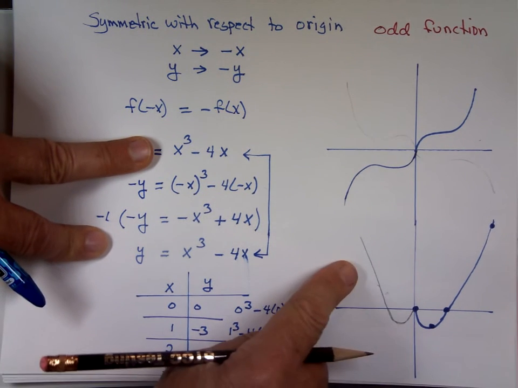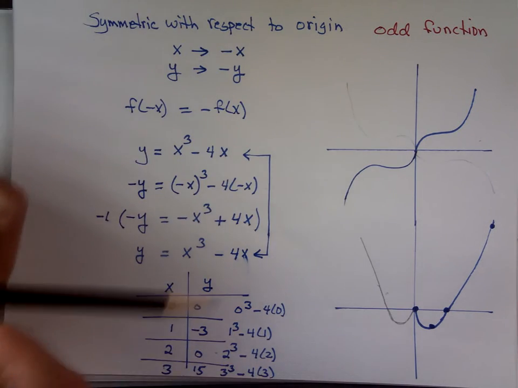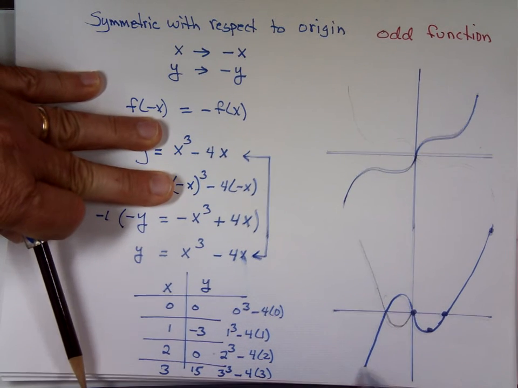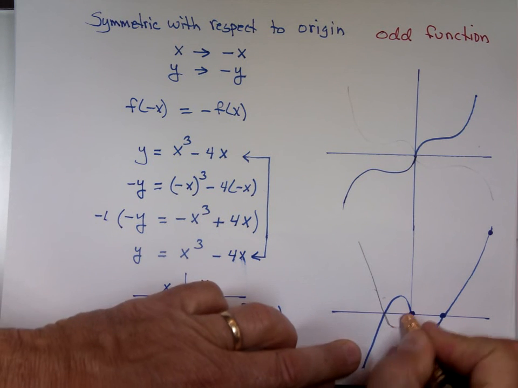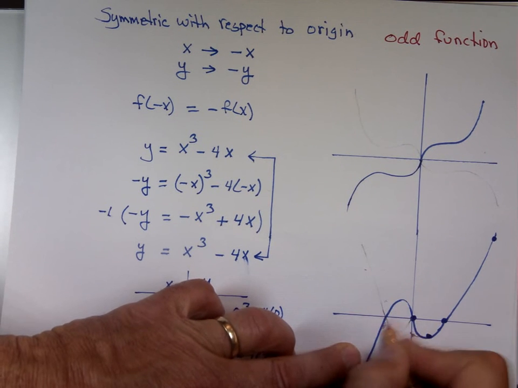What are you going to have? Like that. Wasn't that the picture when we graphed it before? Now I can take my pencil, erase that step in between. And that's what the graph looks like.